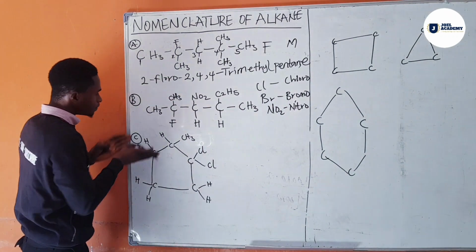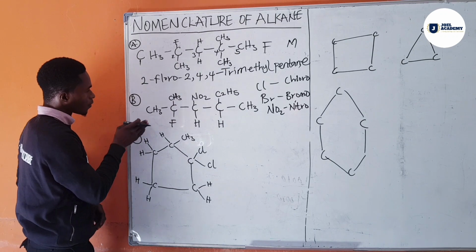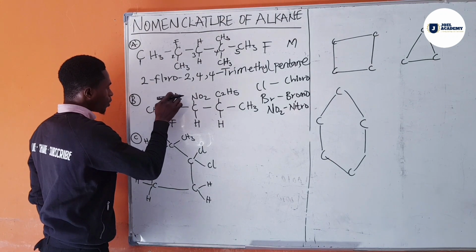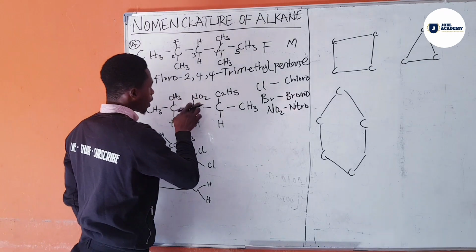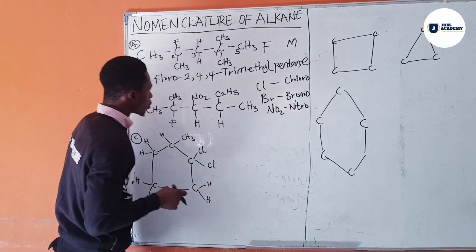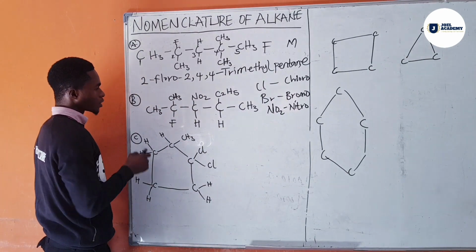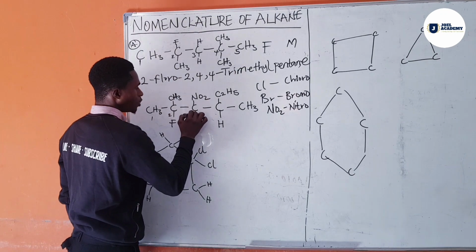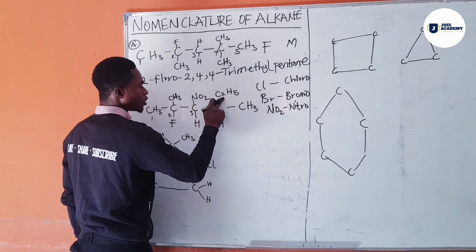Then structure B. We have structure B here: CH3 attached to a carbon bearing CH3 and fluorine, and we have NO2 here as a substituent. We have CH2. Now, for us to know the longest continuous chain, we start our numbering from here: 1, 2, 3, 4. This is C2H5.